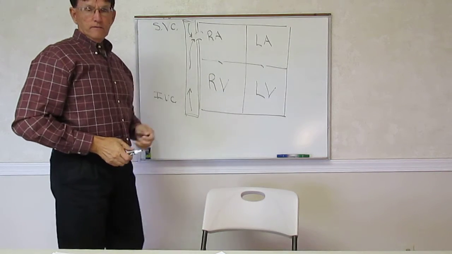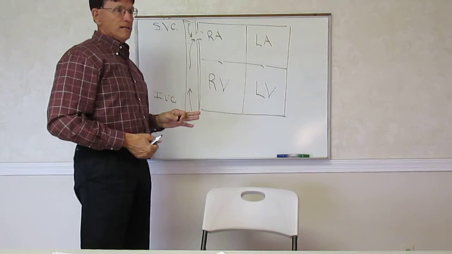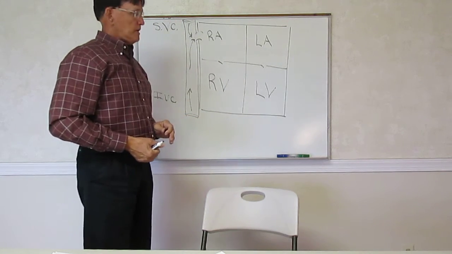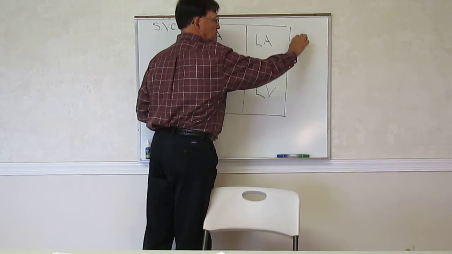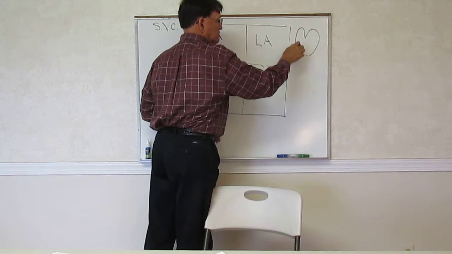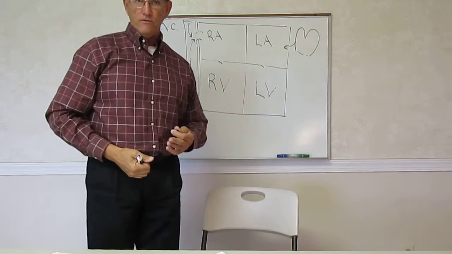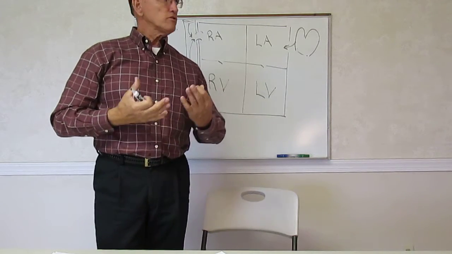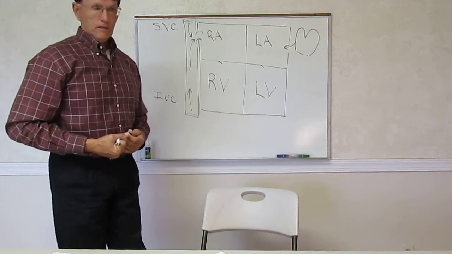Moves into the right atrium. At exactly the same time, you have blood coming from the lungs, oxygenated blood, into the left atrium. These structures can only fill with blood because they're relaxed.